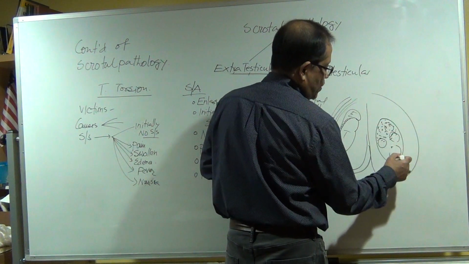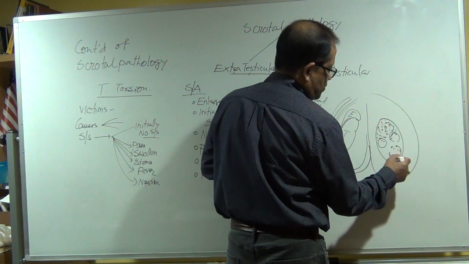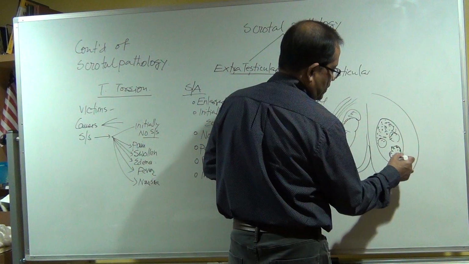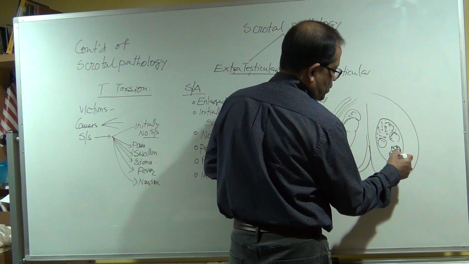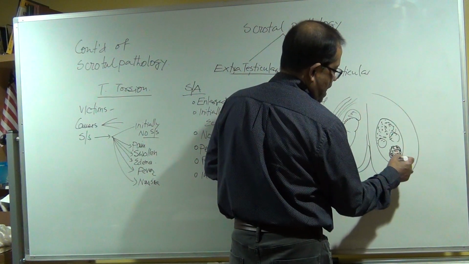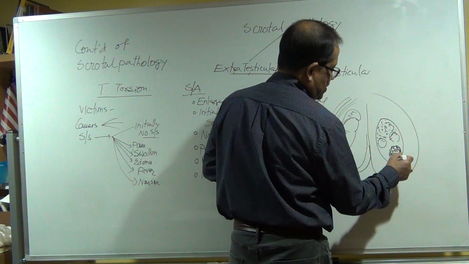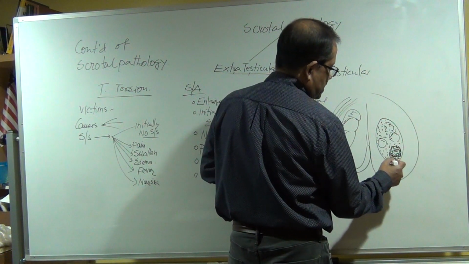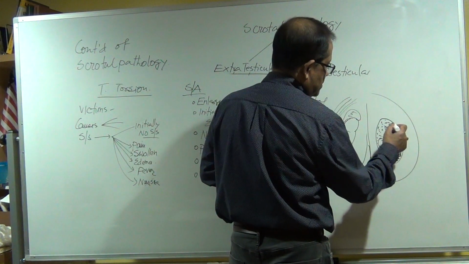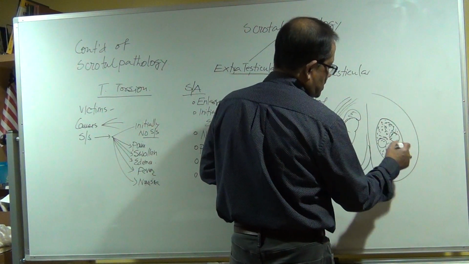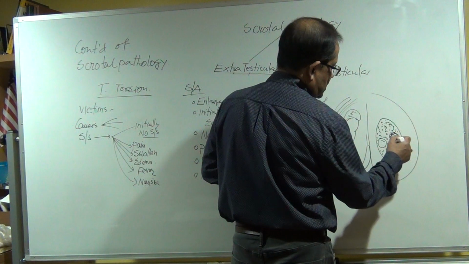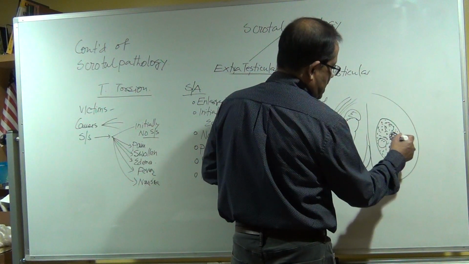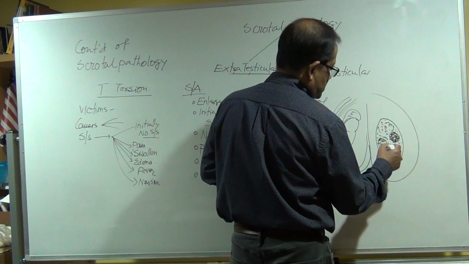this area will die. And the dead part you see will be more hypoechoic, because when the tissue dies, that means necrosis. There are no cellular activities and there are fluid collections.